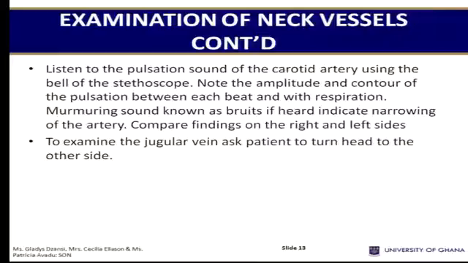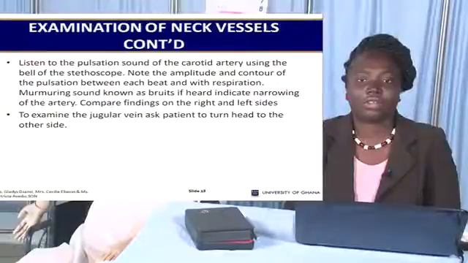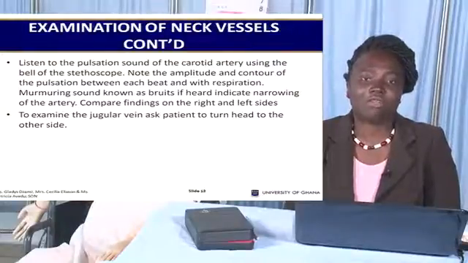And as you listen, note the amplitude, the contour of the pulsation, and note the rhythm or the time in between each beat as the patient breathes. Murmur sounds may be heard if the carotid artery is narrowed, and you need to report these findings for further assessment. You need to listen and compare both sides of the neck.